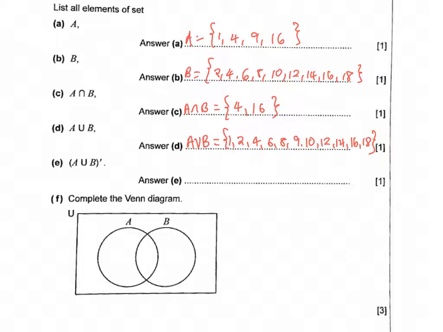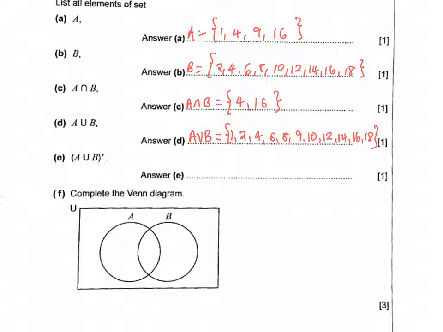So we have A union B complement. What is not in this set? Basically, they're just odd numbers. We have 3, 5, 7, 9 is in. Then we have 11, 13, 15, 17, and 19. That is what is not in the union of A and B.